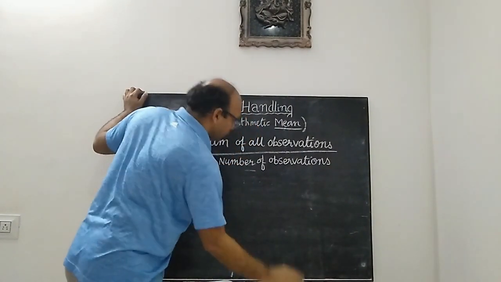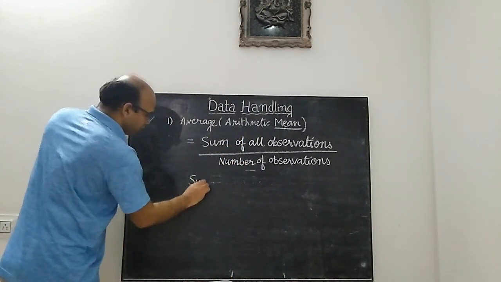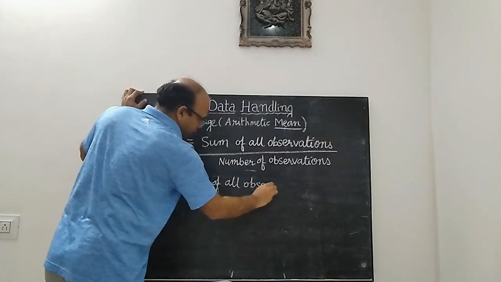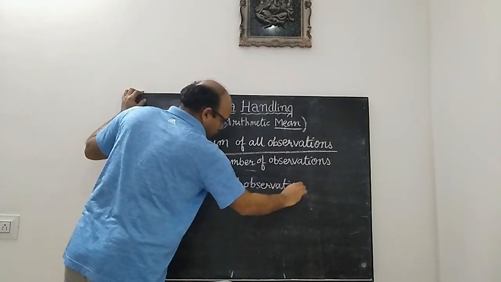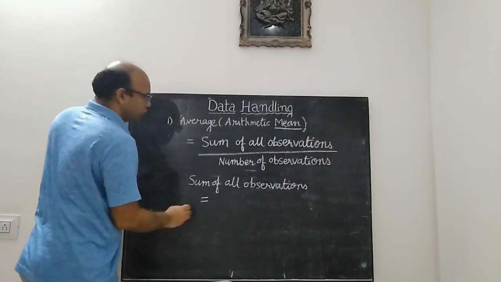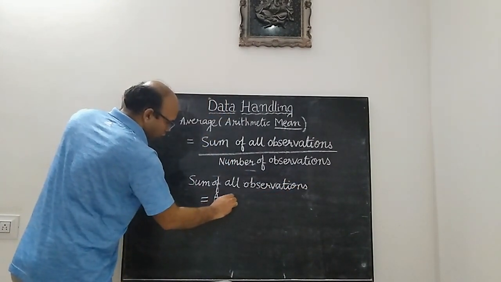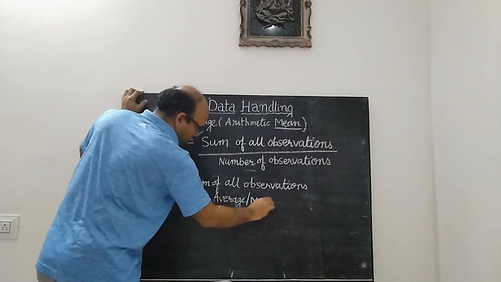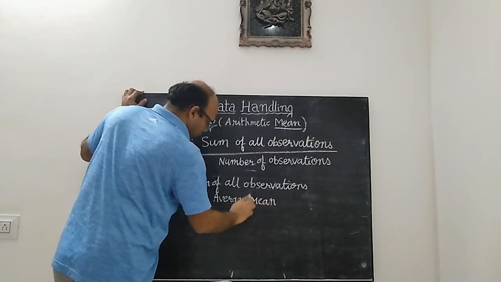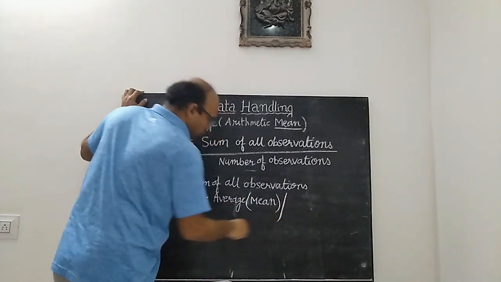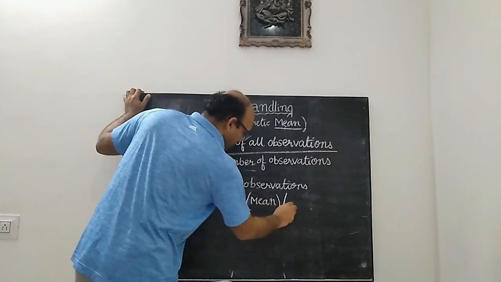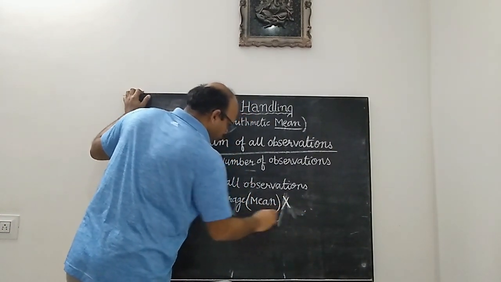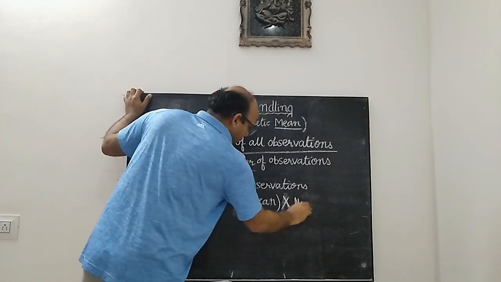Now another thing what you should know from this one only is the sum of all observations. The sum of all observations is equal to the average or the mean multiplied by the number of observations.